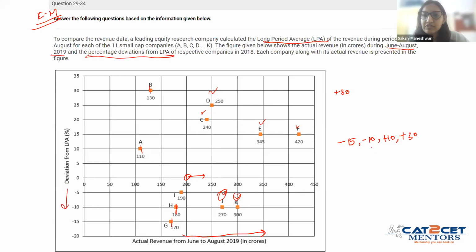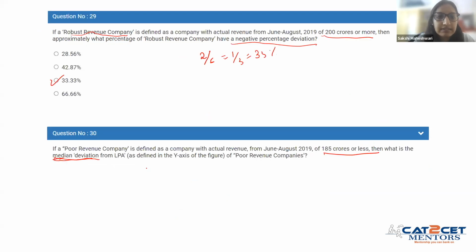So median deviation, if you might recall, since these are 4 terms, for even terms it is the sum of the middle terms by 2. So this gives you 0 median deviation, right? Is this correct?